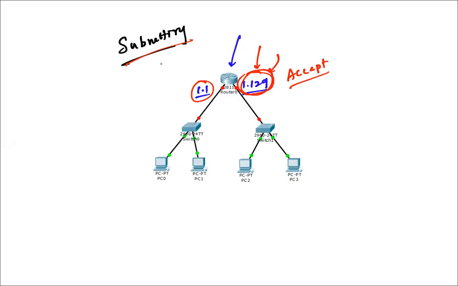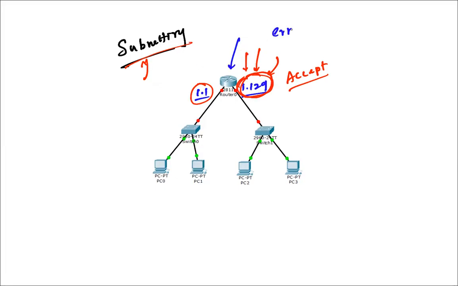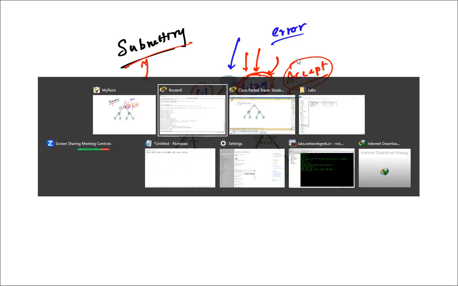Got the point? Let's try to understand what subnetting is now.